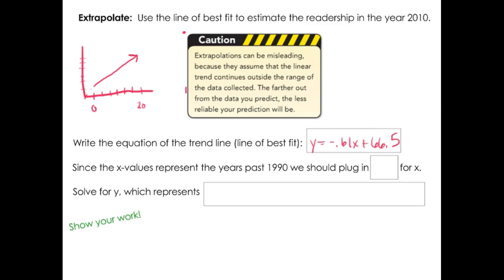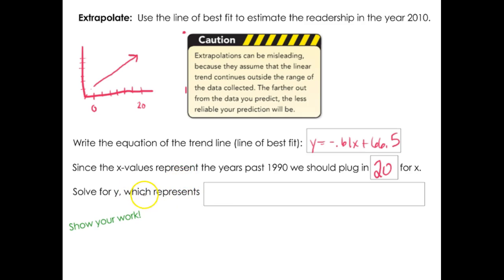So we're going to use this to make our extrapolation. Since the x values represent years past 1990, we should plug in for x. So what do I plug in? Well, 2010, we already said, is 20 years past 1990. So the x value would be 20. And then we're going to solve for y.